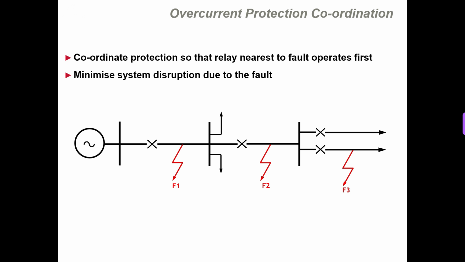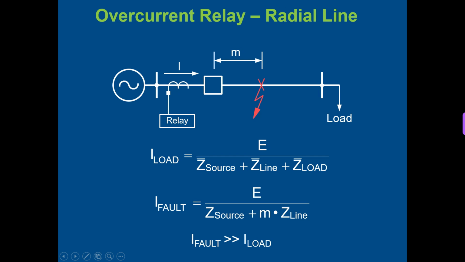Now, if you just see the first two requirements, that is, only the faulty section is to be isolated, and that faulty section is to be isolated based on fault current, like what we have calculated here. So now if we are designing the simplest form of overcurrent protection, that could be a fuse.